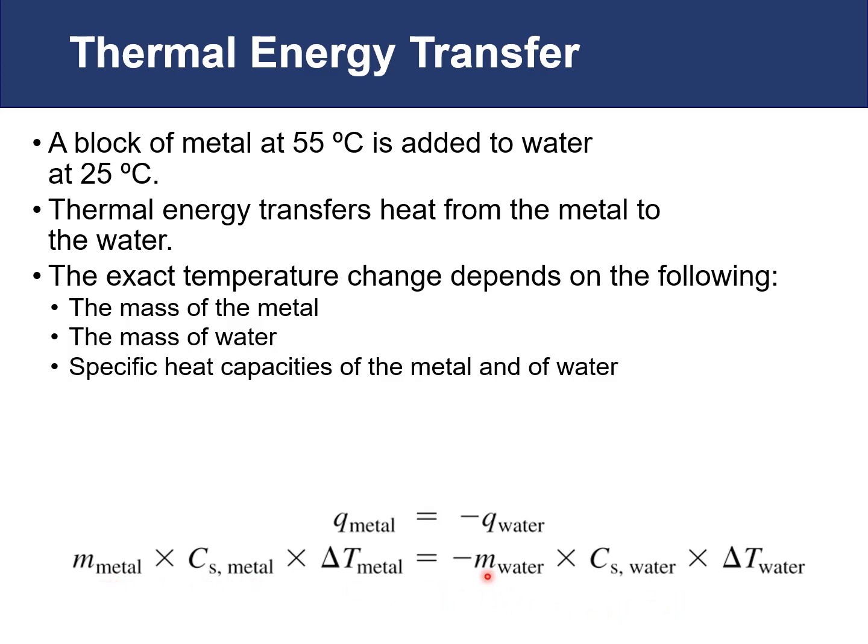And the reason for that is we have two different masses. One is the mass of water, one is the mass of the metal. Similarly, your specific heat capacities are different. The specific heat capacity for the metal is a different value from water. Water tends to be more than most metals, and so you need to label it so you're clear on which one you are talking about.